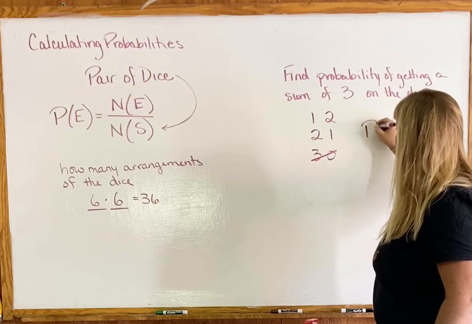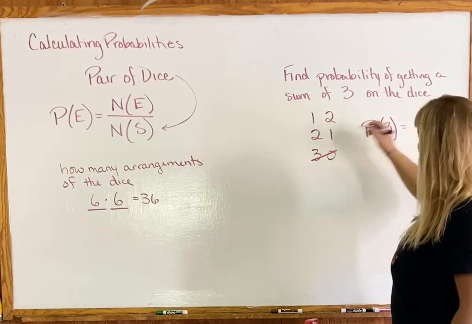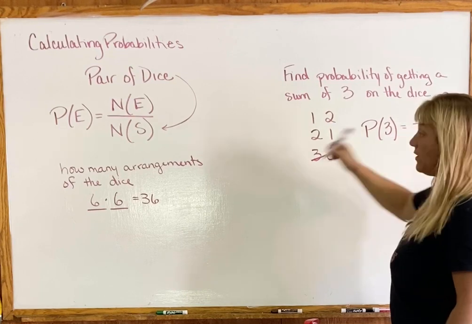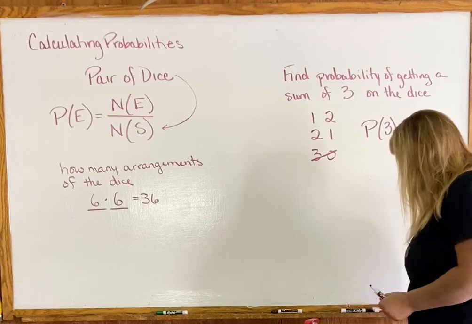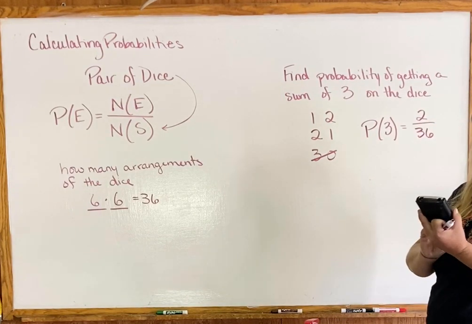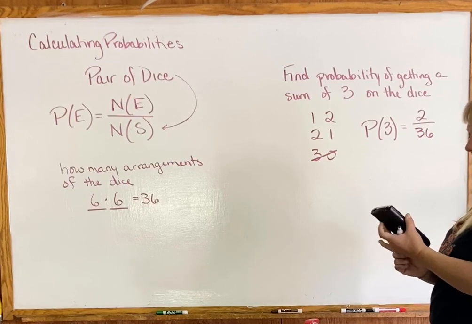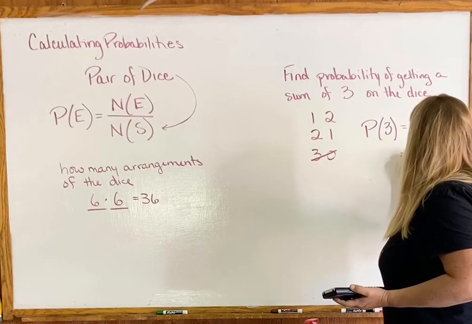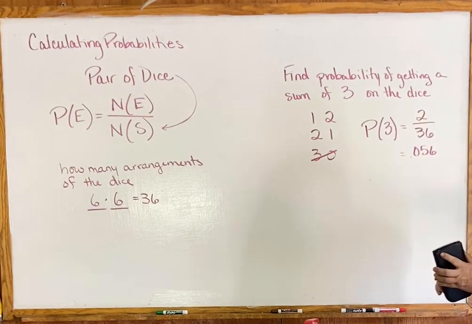So we could say that the probability of 3 is equal to the 2 options out of the total number of options, which is 36. And let's see, 2 divided by 36 gives us 0.056. Okay.